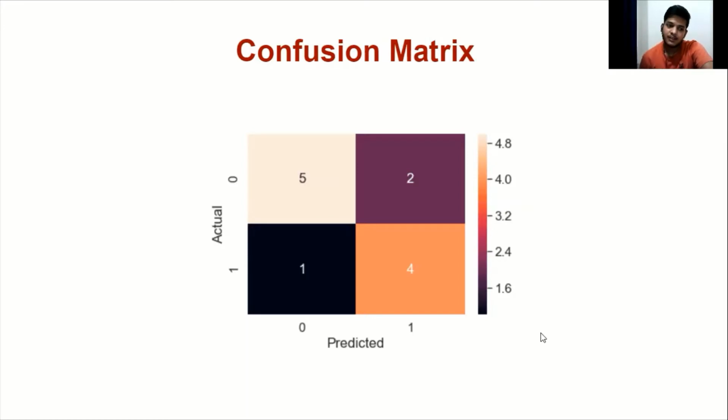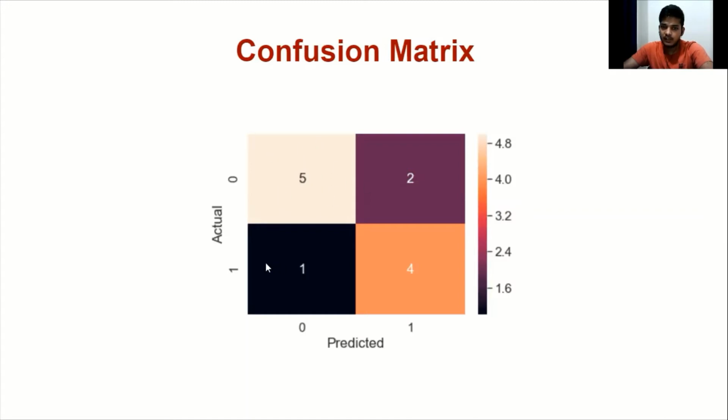What is the advantage of using the confusion matrix over accuracy? Accuracy is also a very common way to evaluate classification models. But accuracy doesn't tell you for which category your model works well or for which category it may not work well. Let's look here. 5 plus 2 is 7 actual examples where it was 0, and out of those 7 you were able to predict 5 right.